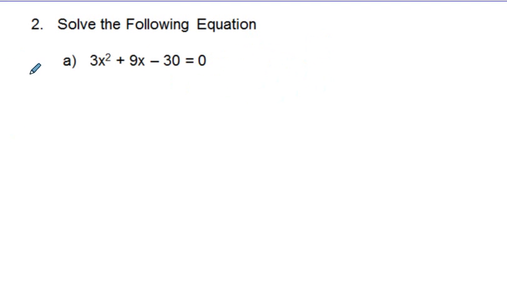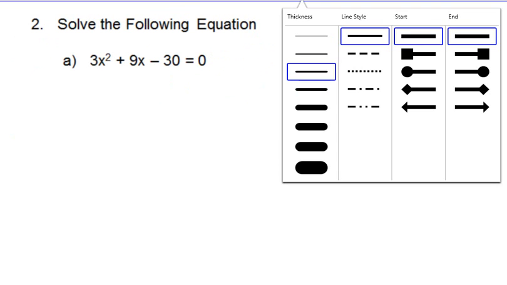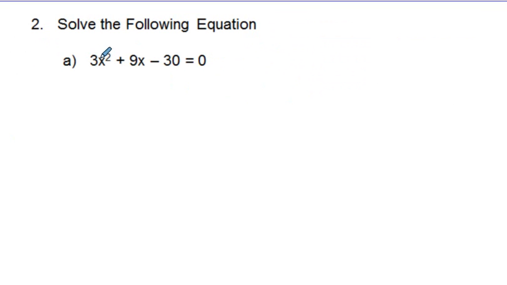Now we get to part 2, which is going to be solving these equations. We have this quadratic trinomial, 3x squared plus 9x minus 30 equals 0. When we look at factoring, we should look first of all at whether there is a greatest common factor that applies to each of these terms. And if we think about it, there is.